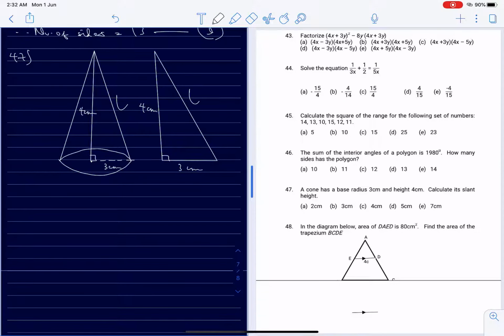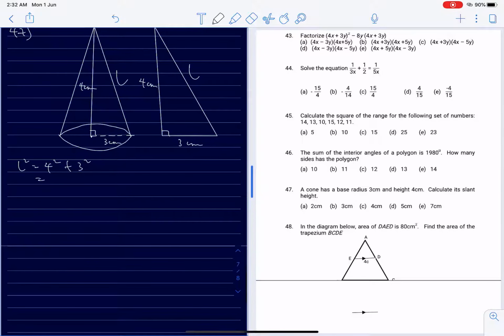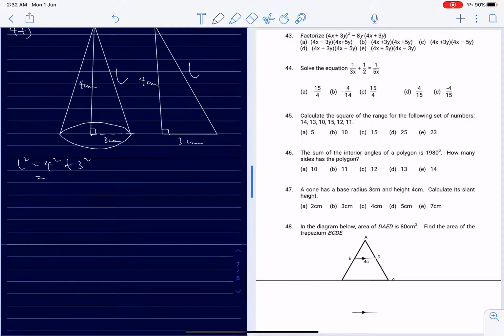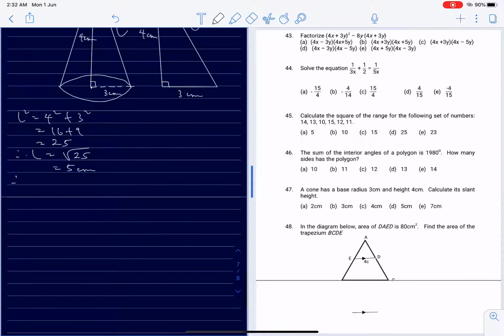So by Pythagoras' theorem, L squared is 4 squared plus 3 squared, the hypotenuse squared, since the square of the hypotenuse is equal to the sum of the squares of the two other sides. That's 16 plus 9, and that's 25, which means L equals the square root of 25, which is 5 centimeters.